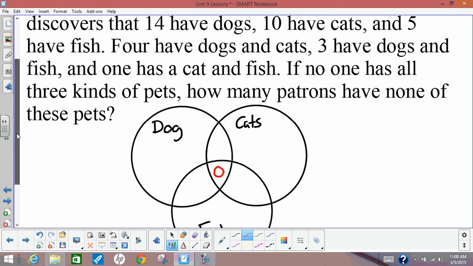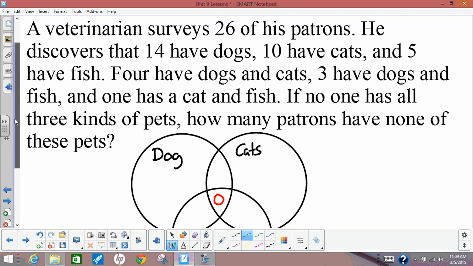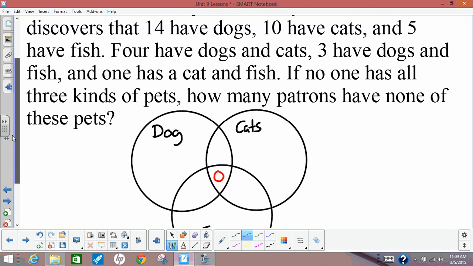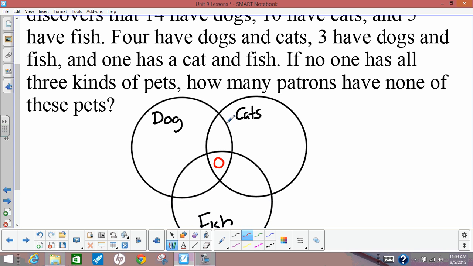So now let's go use our numbers. 14 have dogs, 10 have cats, 5 have fish. We know 4 have dogs and cats. So the place where the dog circle and the cat circle overlap is our 4 people who have both of those. 3 have dogs and fish, so where the dog and the fish circles overlap, that's where we have 3 people.